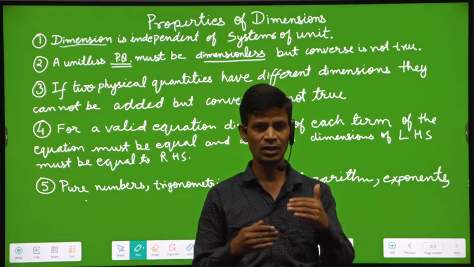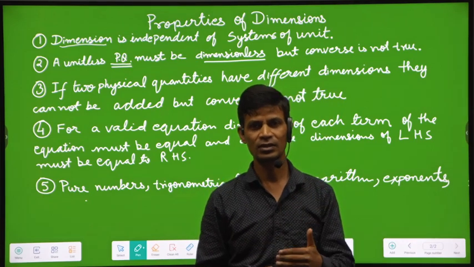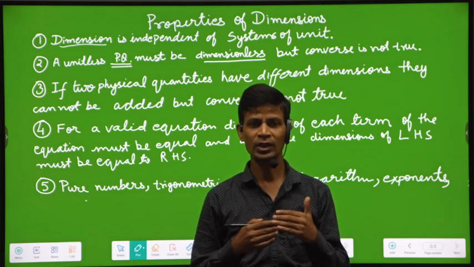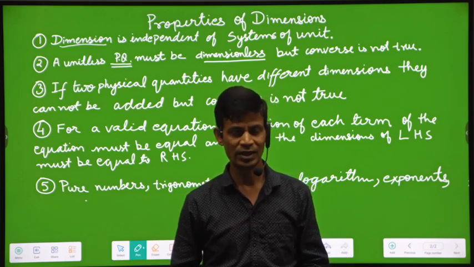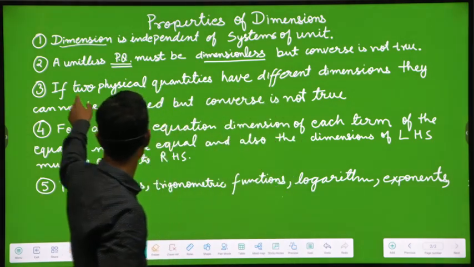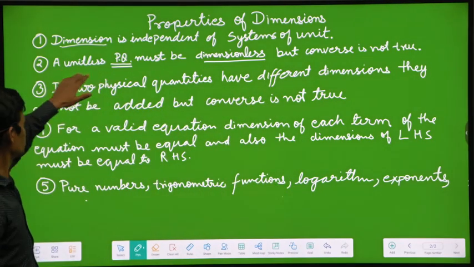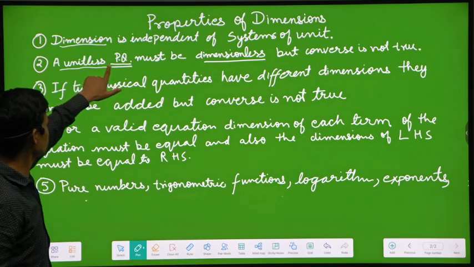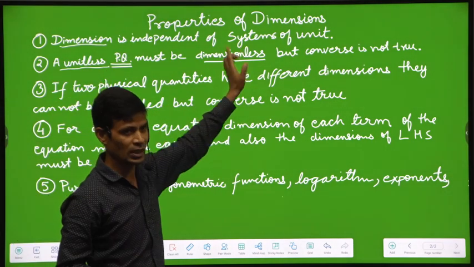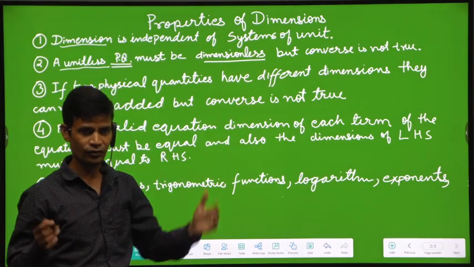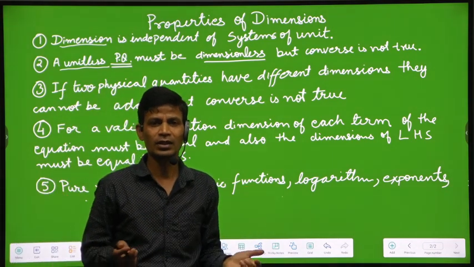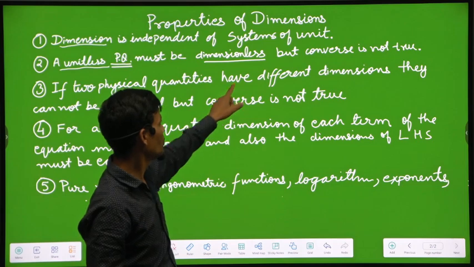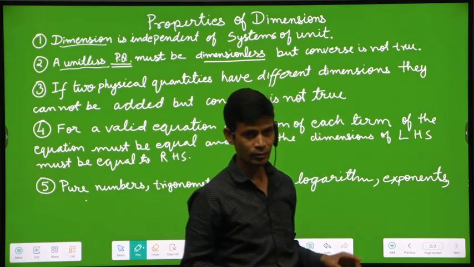And velocity is in numerator as well as in denominator. So their dimension will be cancelled out. So it is a dimensionless term. So this is unitless also. So a unitless physical quantity must be dimensionless. If a physical quantity is unitless, if it has no unit, then it must be dimensionless also. But the converse is not true.